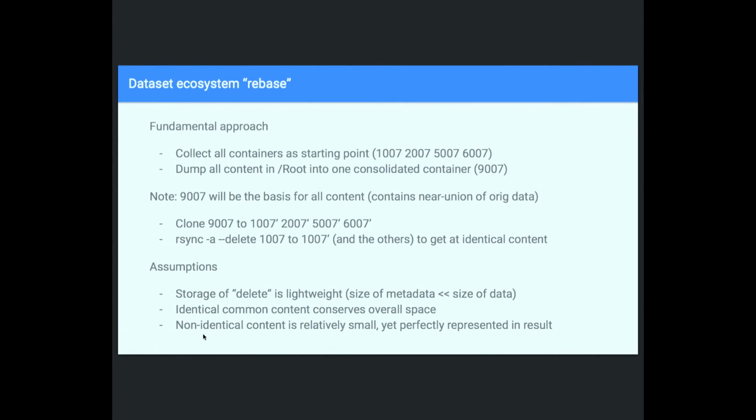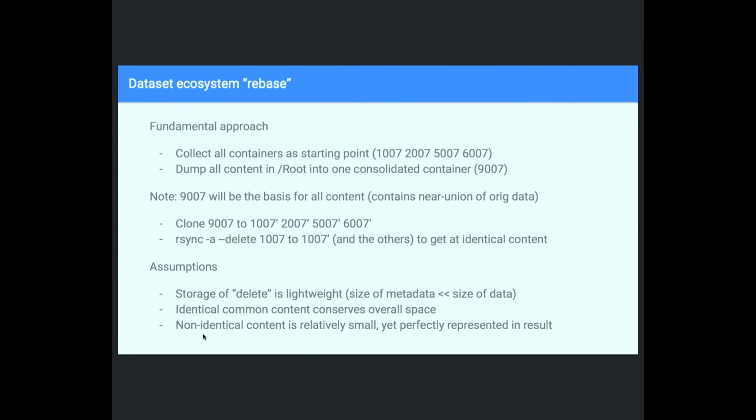A very simple way of doing this, and this is just the overview, is you name the containers that you want as your starting point. Suppose containers 1, 2, 5, and 6 are to be included in your rebase. You essentially dump them all into one consolidated container. Now there will be overlap, which won't be redundant.